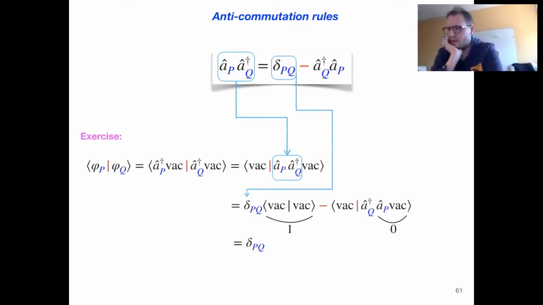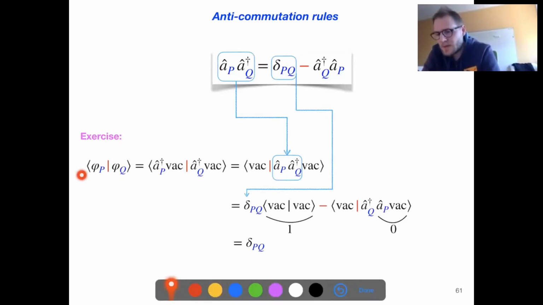Now, another manipulation of these operators. I can start from what we have seen in first quantization. If you take two spin orbitals and evaluate the inner product between phi p and phi q, in first quantization you would write this as an integral, but now we are moving to second quantization.